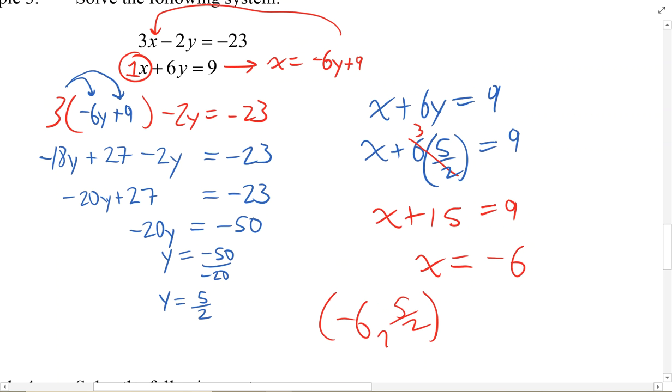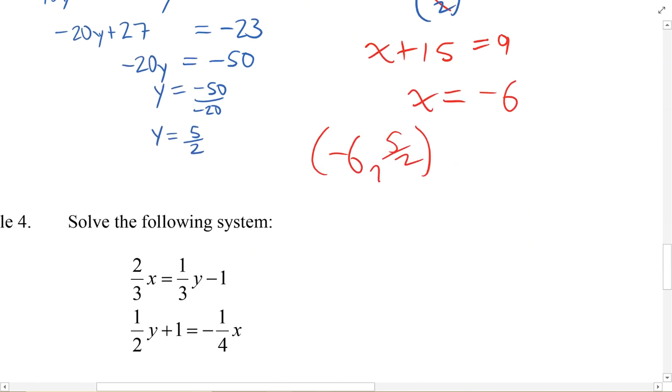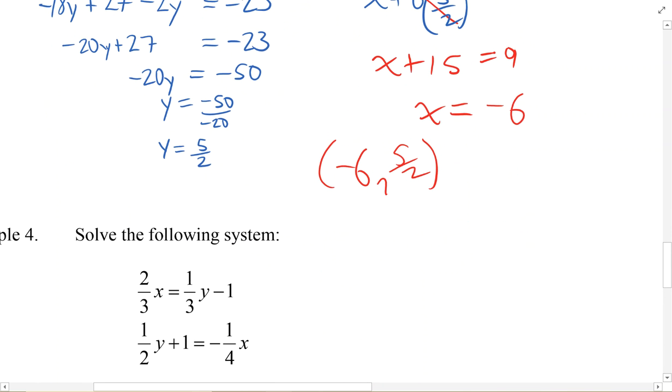Now, you could do some crazy solutions with this stuff, but let's not. All right. What about this one? Whoa, awesome. What would you do? First of all, I would get rid of the fractiony fractions.